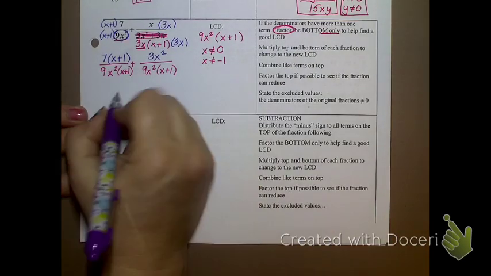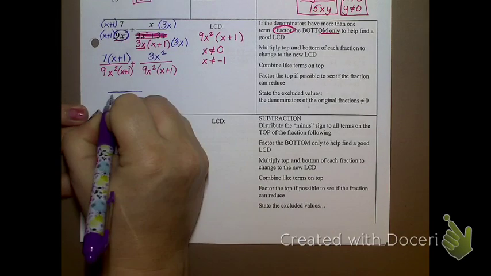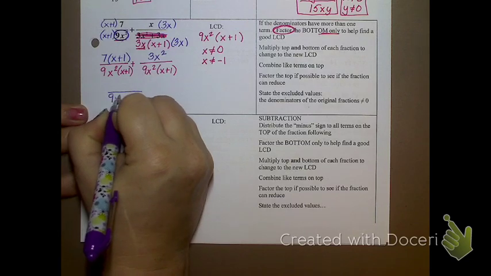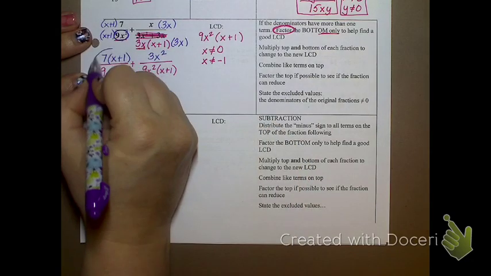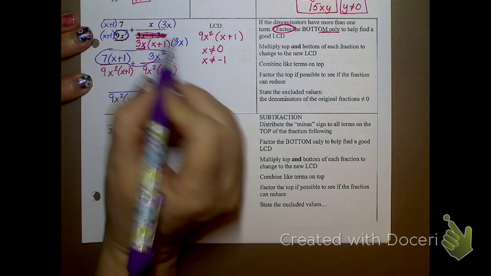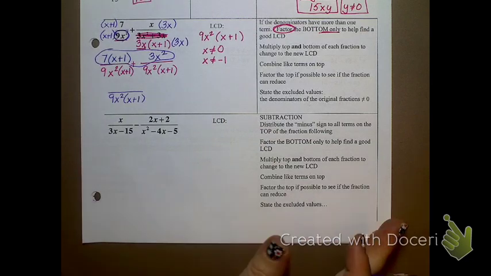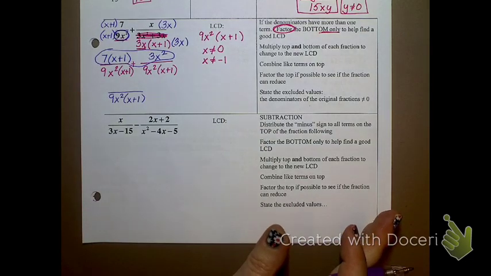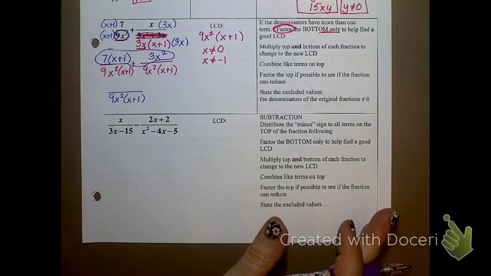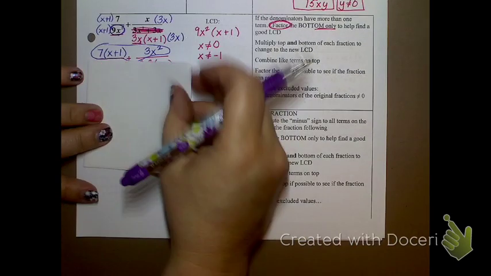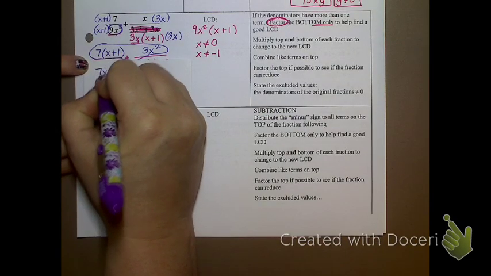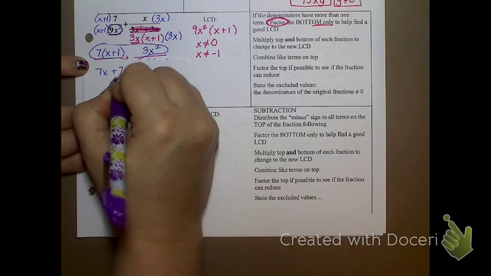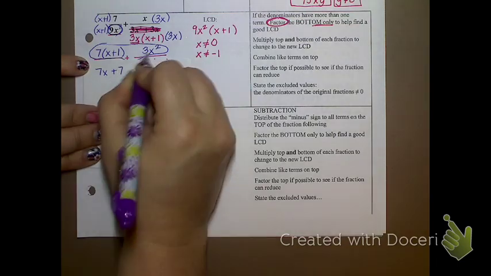So, down here, I now have 9x squared, x plus 1, and let's see what we've got going on the top. Now, just to make sure we're all clear, I'm going to go to a little piece of scratch paper here, if I can get it. Yep. And I'm going to look at just this right here. This is 7x plus 7 plus 3x squared.